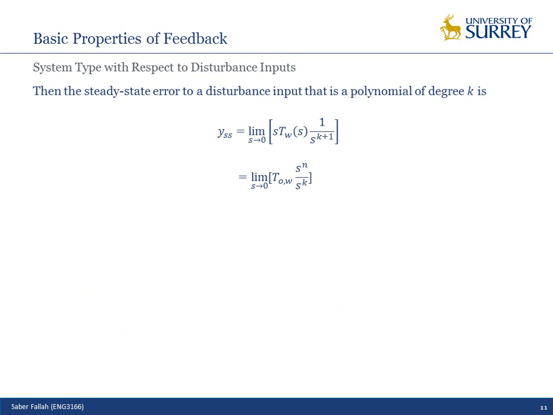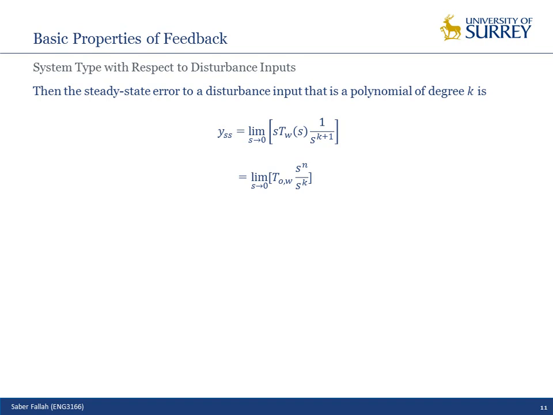The final value theorem says the limit of f of t when t goes to infinity is equal to the limit of s f of s when s goes to 0. So this s is because of the final value theorem. Any question?